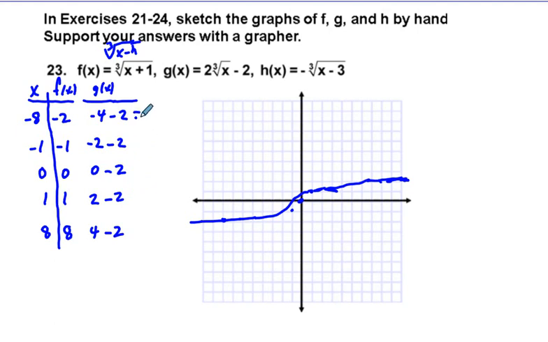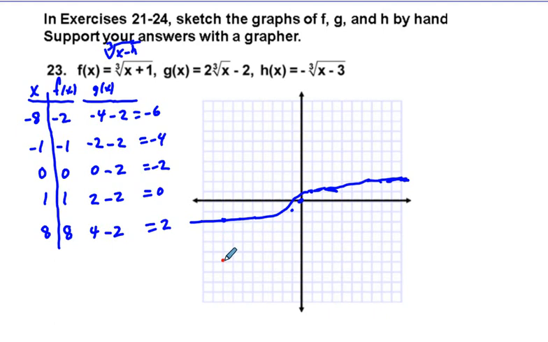So when we put all these together, we'll get here negative 6, negative 4, negative 2, 2 minus 2 is going to be 0, 4 minus 2 is going to be 2. So what this is going to look like is, I'm going to do this in red, we're going to have negative 8 comma negative 6. So I'll go to negative 8 comma negative 3, 4, 5, 6.